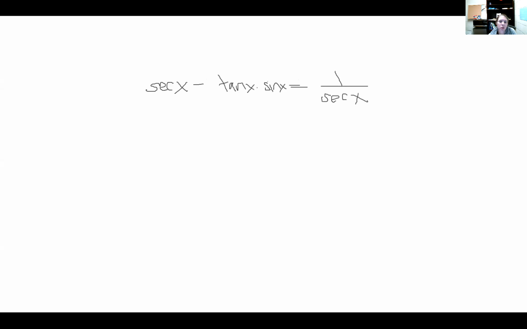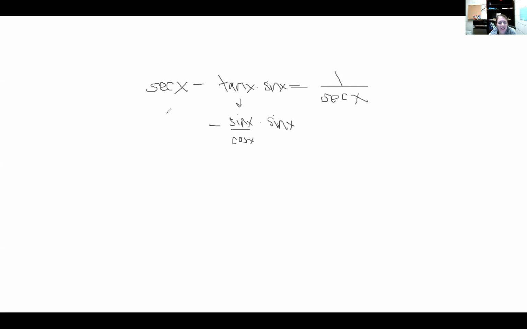And so what I'm going to do is change everything to sine and cosine. So this one's already sine. I know there's an identity for this. Tangent of x is the same thing as sine over cosine. So I'm going to change this to sine of x over cosine times sine.